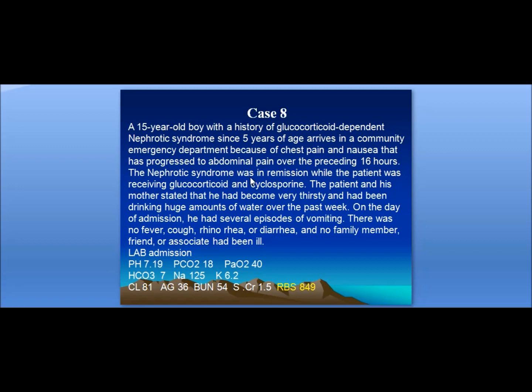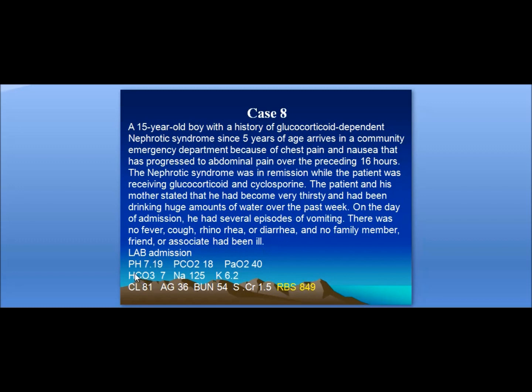The nephrotic syndrome was in remission while the patient was receiving glucocorticoid and cyclosporine. The patient and his mother stated that he had become very thirsty and had been drinking a huge amount of water over the past week. On the day of admission, he had several episodes of vomiting. There was no fever, cough, rhinorrhea, or diarrhea, and no family member, friends, or associate has been ill.